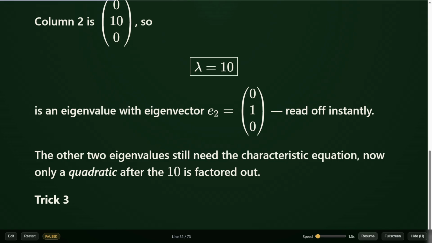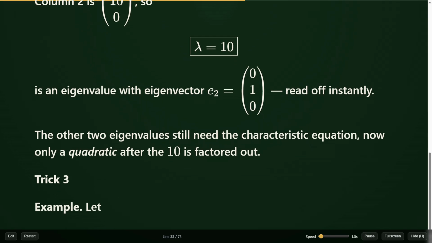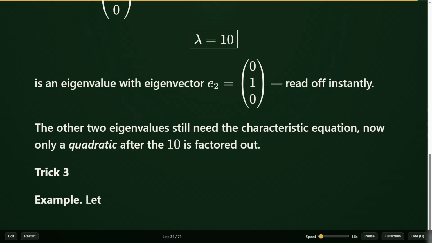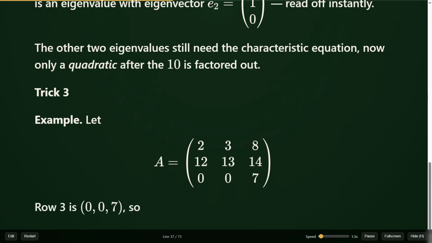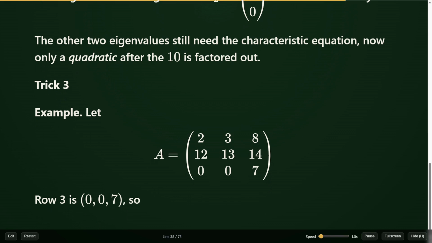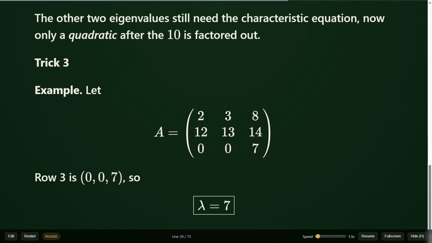Now trick number 3, consider the matrix looking like 2 3 8, 12 13 14, 0 0 7. Now what is so special about this matrix? 0 0 7, the third row, is special. We note that the eigenvalues of a matrix and the eigenvalues of the transpose of that matrix remain the same.